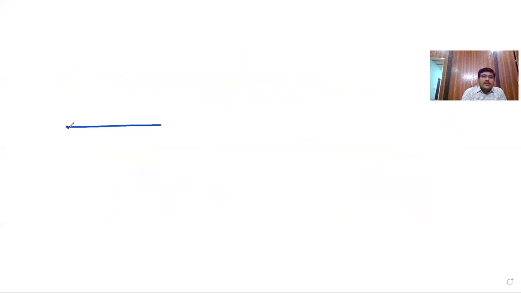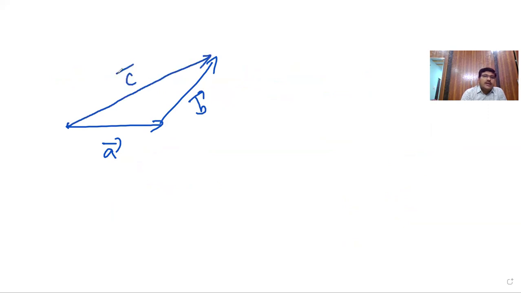Once again, I'm putting a bar, b bar, and a bar plus b bar, that is c bar. The angle between c bar and a bar is alpha, the angle between a bar and b bar is beta, and the angle between b bar and c bar is gamma.